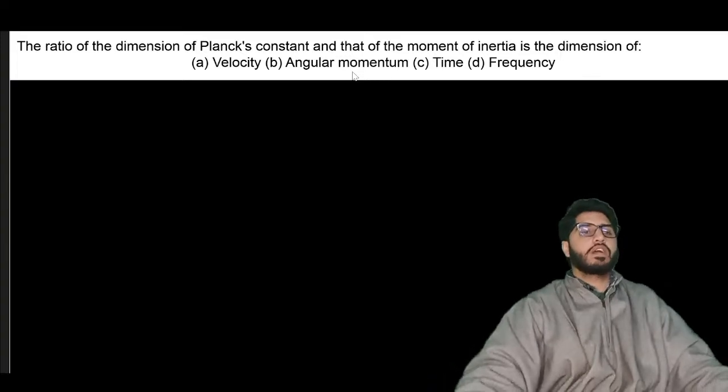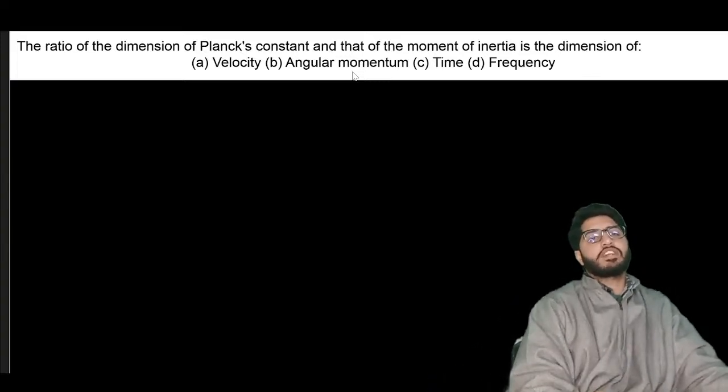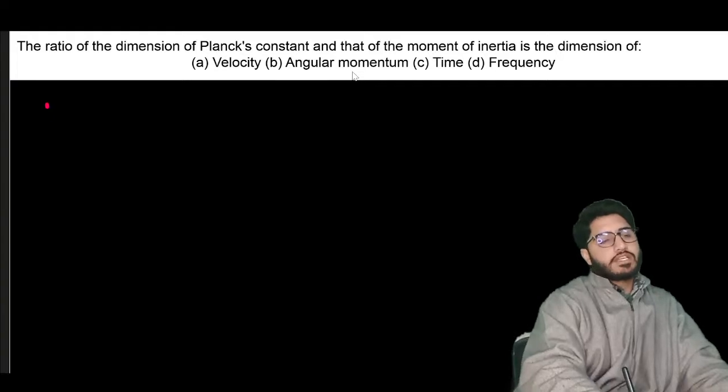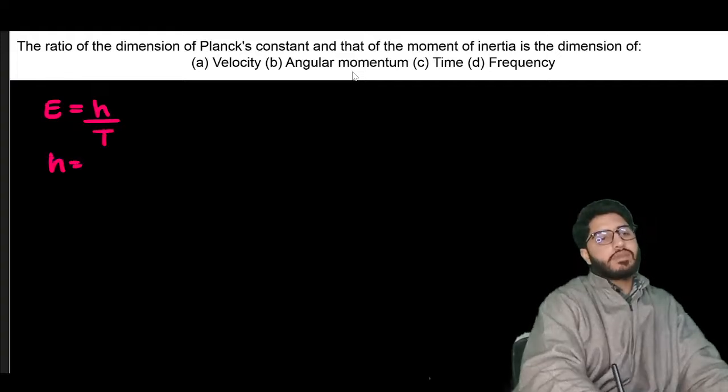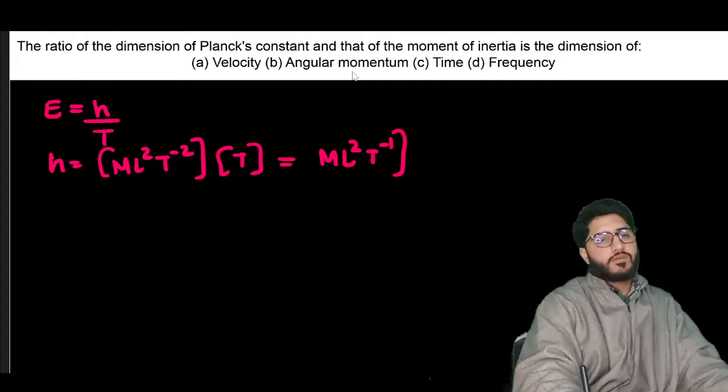Now we have the ratio of the dimension of Planck's constant and that of the moment of inertia. Is the dimension of which quantity? What is Planck's constant? Sir, E equals h nu, or h by t. So h comes out to be energy, that is ML2T minus 2, multiplied by time t. So it comes out to be ML2T minus 1.